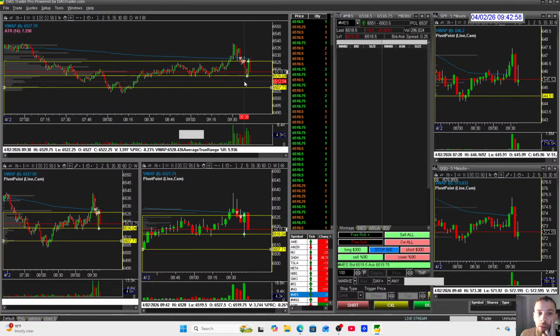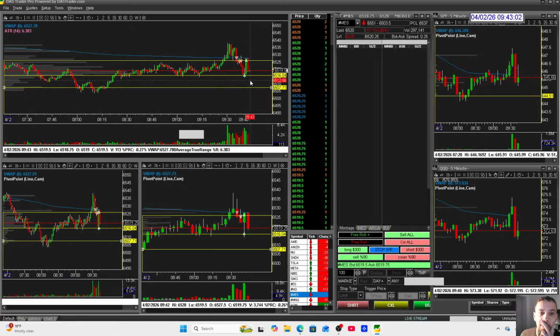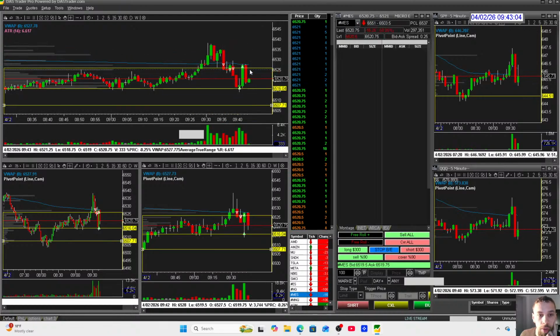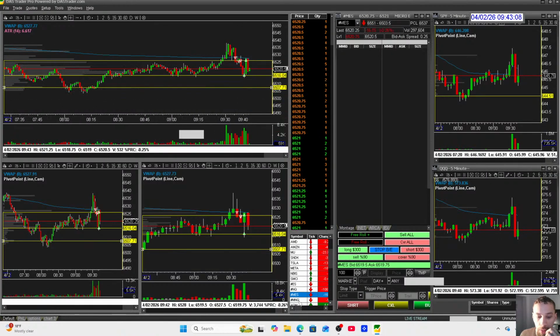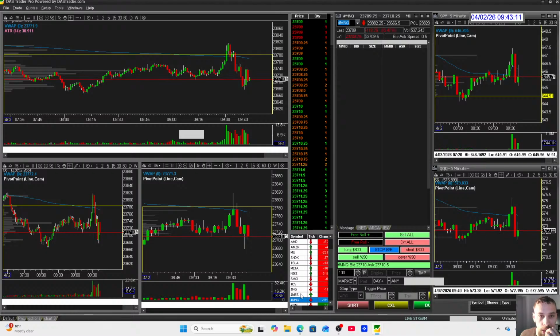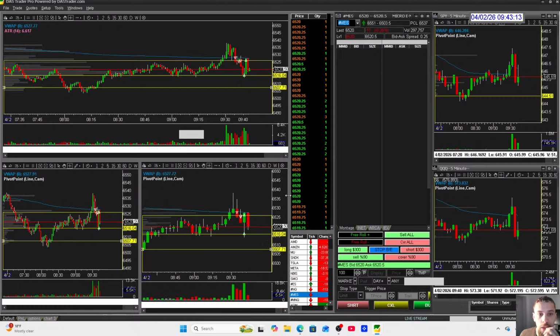Damn it, I missed out. Got out at break even just for this candle to almost engulf it. MNQ was the one. That was the ticker to trade right there.